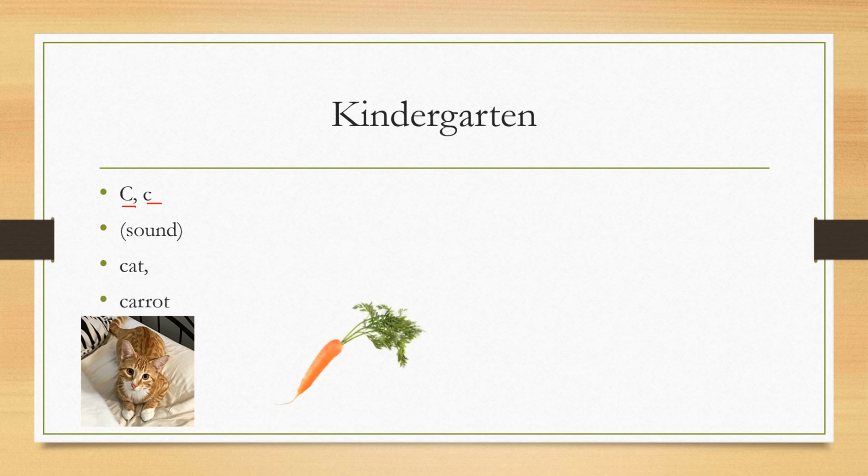Okay? Then we have letter D. Letter D has a big letter and a small letter. Letter D says d, d, d. Can you say it with me? D, d, d. All right.